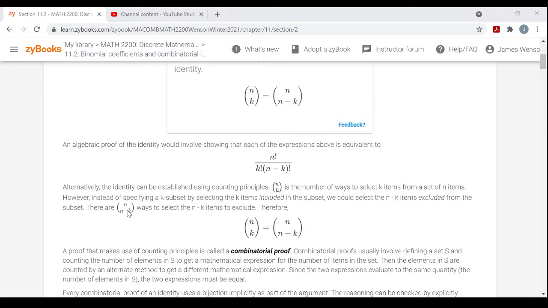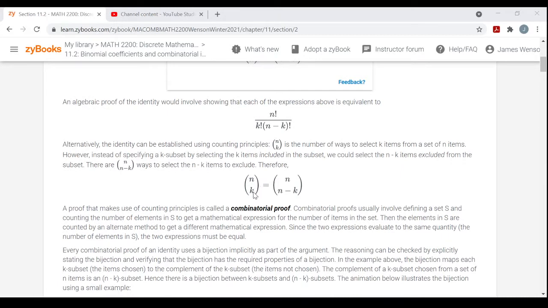And there are n choose n minus k ways to select those. So the number of ways to select k items to include is exactly the same as the number of ways to select the n minus k items not to include.